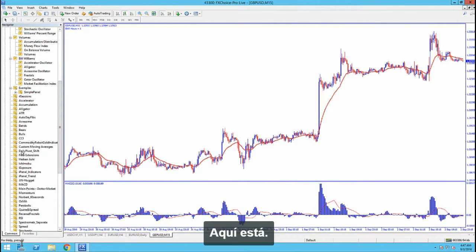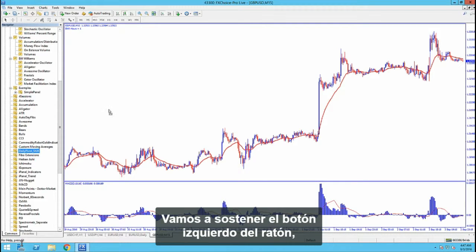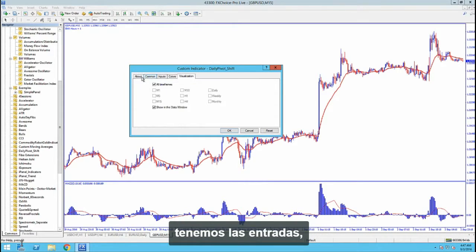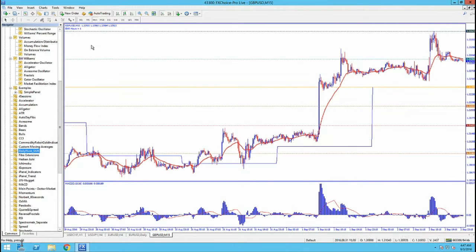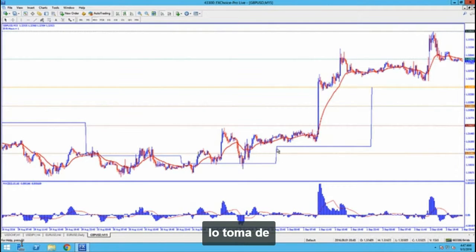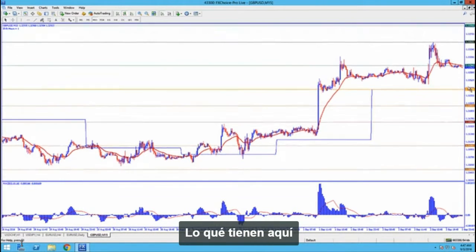Here it is, daily pivot shift. So we're going to hold the left mouse key down, draw it over, got the inputs, okay, and drop it. So what this looks like, it draws it lagging from the prior days.